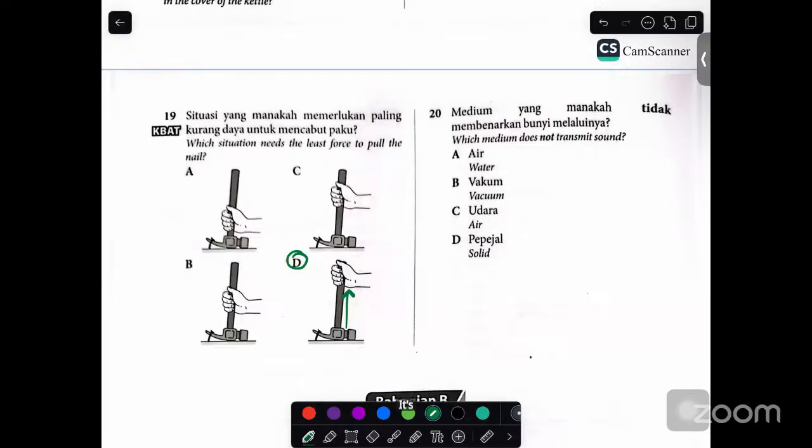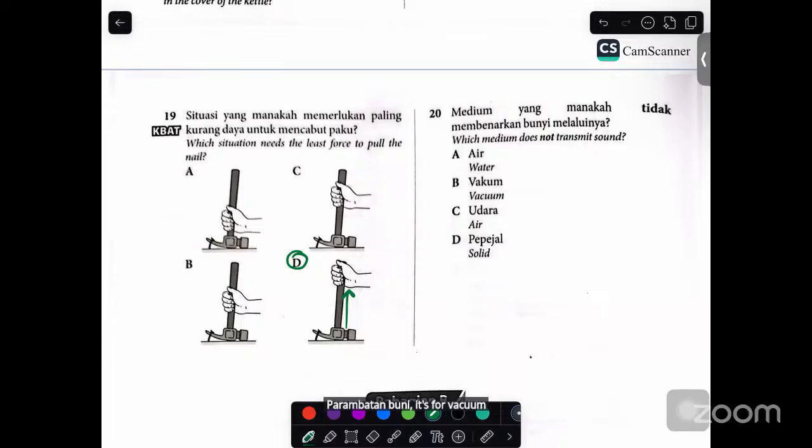It's vacuum. Because in your space, right, dalam angkasa, it's made up of vacuum. So that means memang tak akan ada any kind of bunyi over there. Okay? So, perambatan bunyi, it's for vacuum.